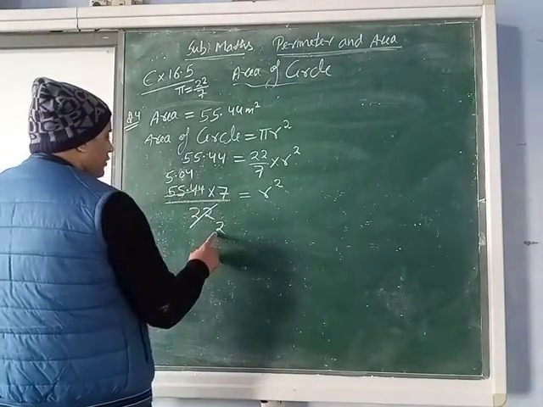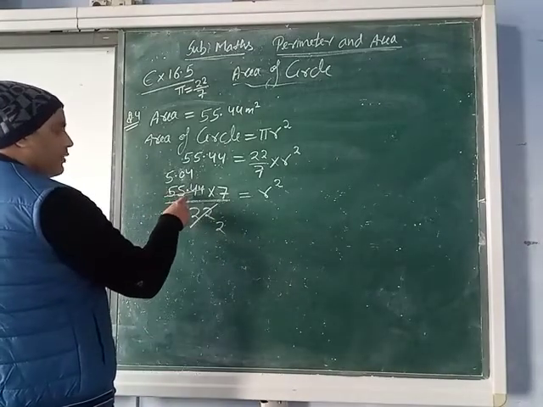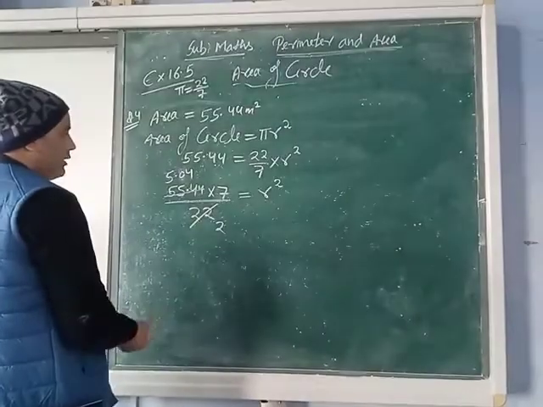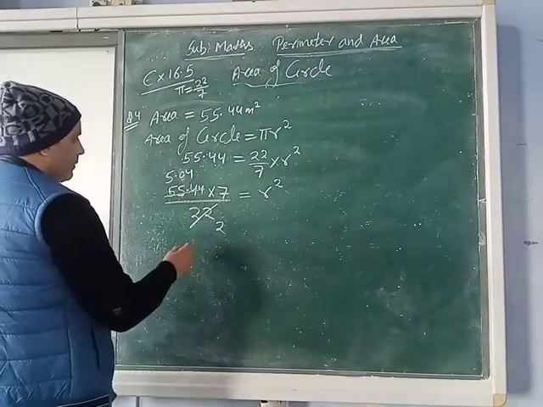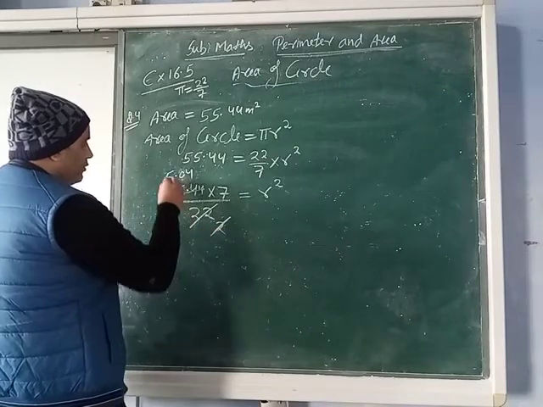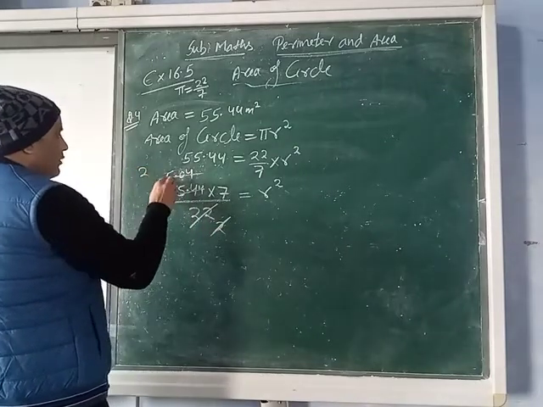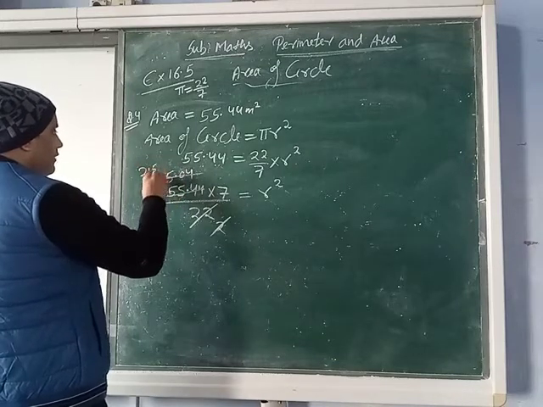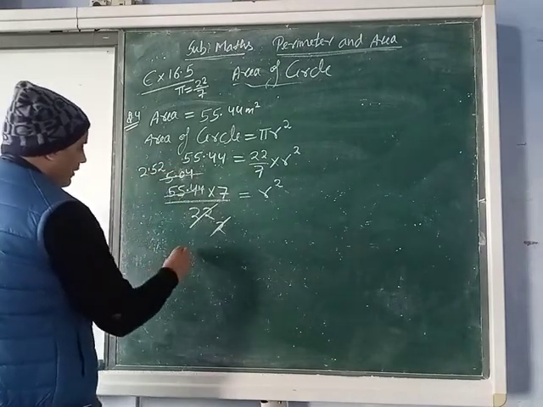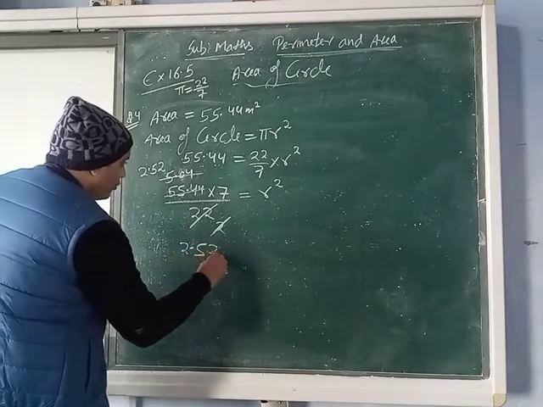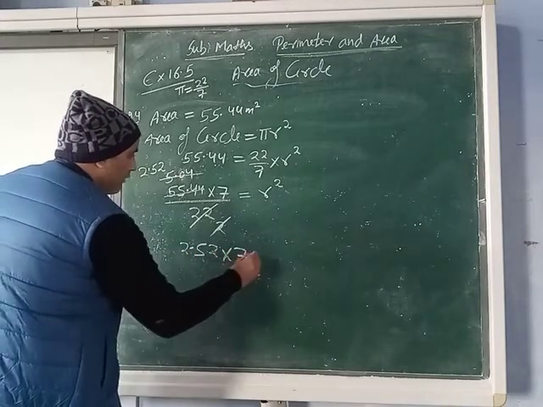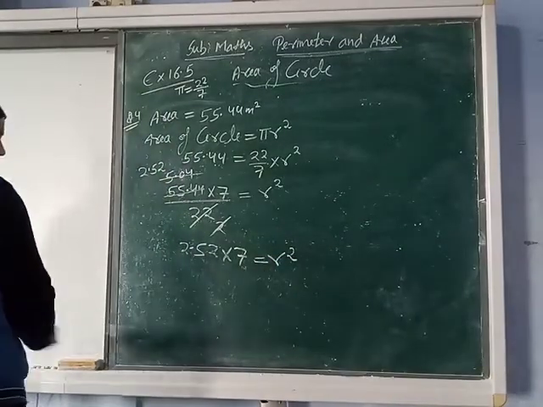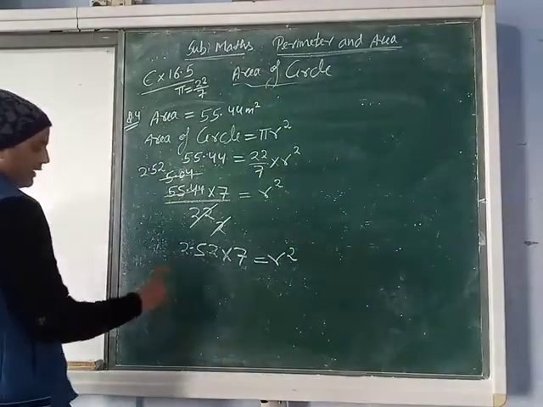Next, 11 twos are 22, 11 fives are 55, plus 4. Not divisible, take 0, then 11 fours are 44. Again divide by 2, 2 fives are 10, 2 fours are 8. So 2.52 into 7 is equal to r square. See, here r square is 2.52.